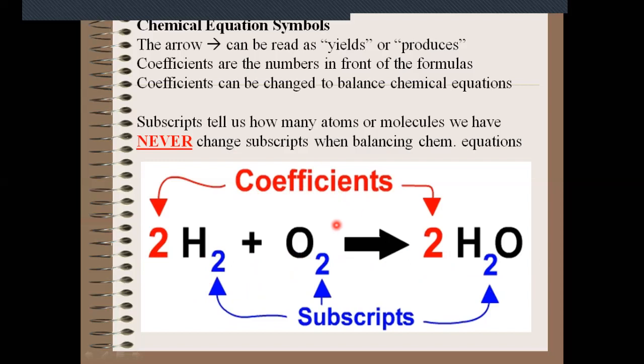It is a coefficient, while for the hydrogen molecule H2, oxygen molecule O2 and water H2O, the 2 with hydrogen and oxygen are subscripts. These are written at the lower right of the symbol of an element, and a subscript tells us the number of atoms of an element in a molecule.